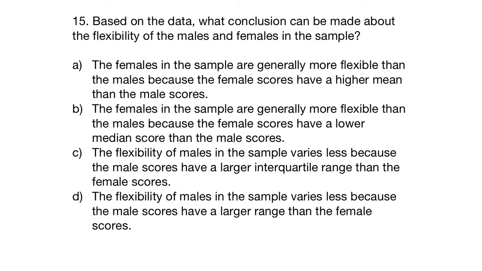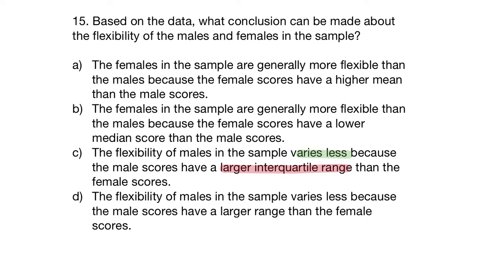But I do want you to look at C and D, because C and D have some wording that if we pay attention to this wording, we're going to be able to eliminate answers. On C, it says that the sample varies less because it has a larger interquartile range. What do we know about variability and range and their adjectives?